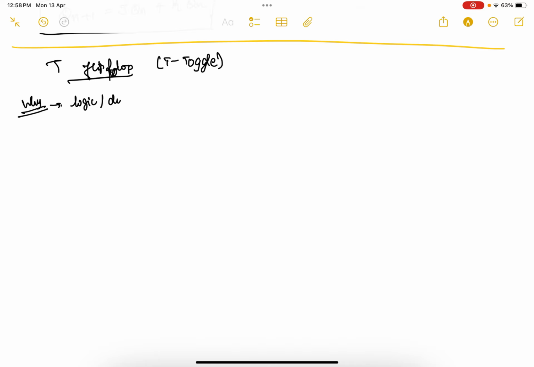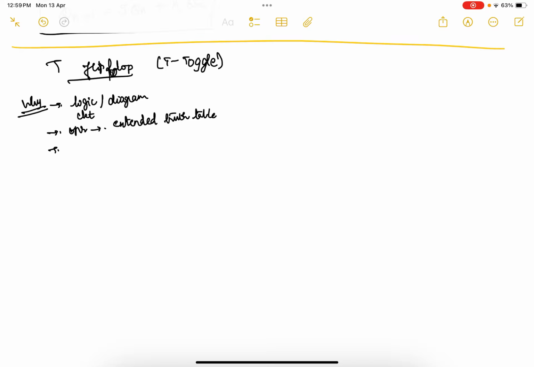logic diagram or circuit diagram, then the operation of the T flip-flop, which will be followed by the extended truth table.